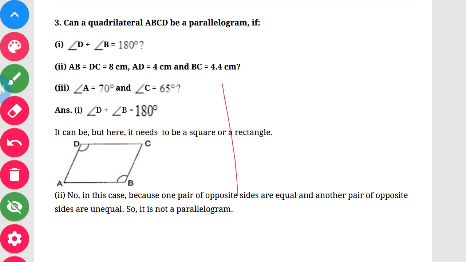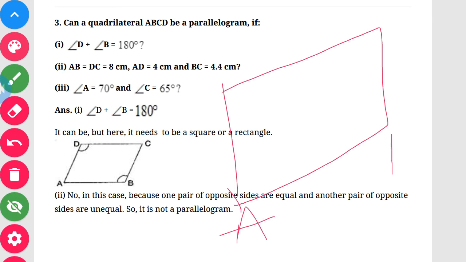What you're going to do is, when you're drawing any parallelogram and you're giving a notation or denoting it by some letters, you have to go in series A, B, C, D. Whether it is clockwise or anti-clockwise, it should be in the series. So if you just see here, it is given as angle D plus angle B is equal to 180. They are asking about opposite angles.